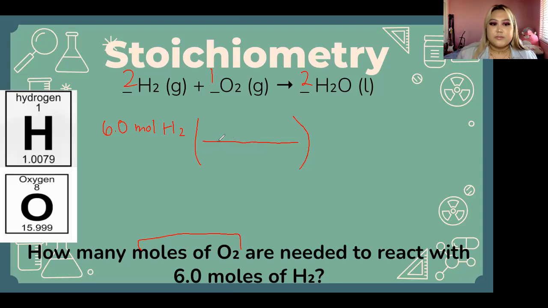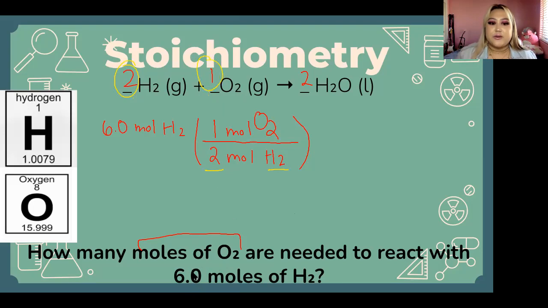Or the equation above, right? So it would be 2 moles of H2 is 1 mole of O2. You see where she pulled those numbers from? So 2 H2, the coefficient, and then there's the 1 that goes for the O2.